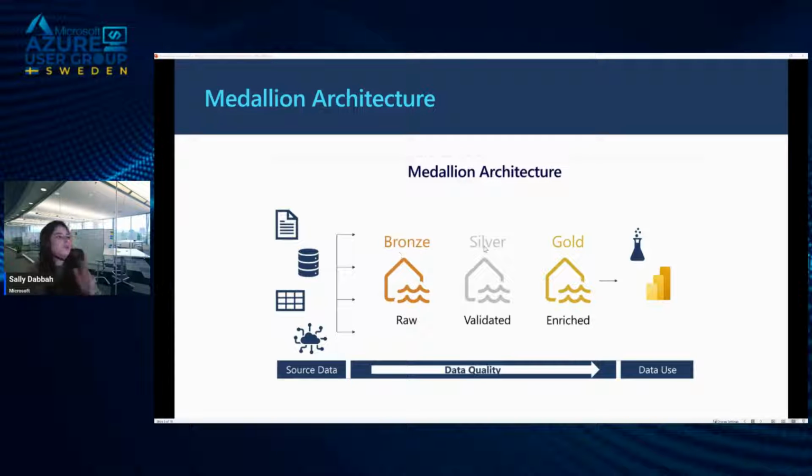Then, from raw to silver, we do transformations, and from silver to gold, we do enrichments. Then the final data is displayed in Power BI dashboards or in a third party, depending on your use case.